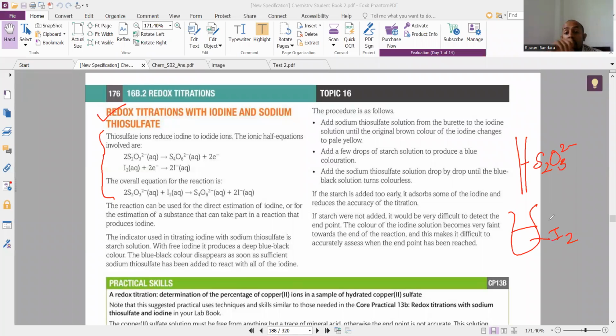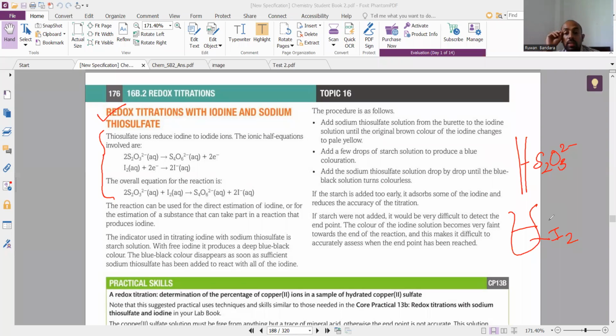Iodine is brown in color when dissolved in aqueous solution. So when you add thiosulphate, the brown color of iodine becomes paler, right? And the color change without an indicator will be pale yellow to colorless. Pale yellow color of the iodine will disappear and the endpoint will be pale yellow to colorless.